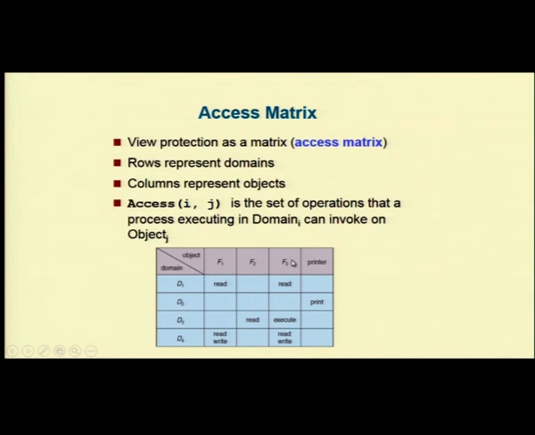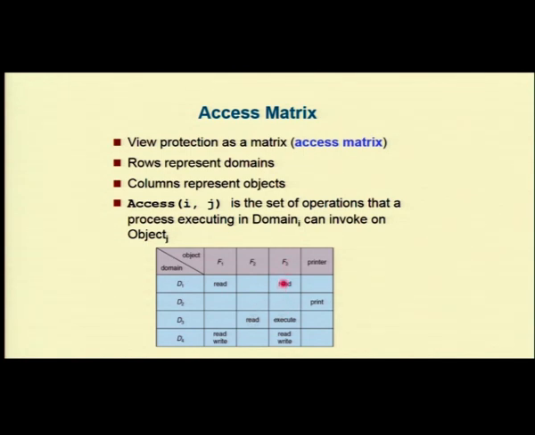In this case, the objects are 3 files. Let us say F is the generic name for a file. There are 3 files and 1 printer. There are 4 domains. In domain D1, it is very clear here, the file F1 has only read. For domain D4 it has read and write, and for F2 it has read.